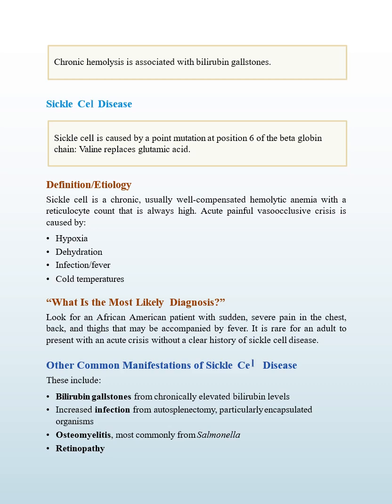Sickle cell is caused by a point mutation at position 6 in the beta globin chain, in which valine is replaced with glutamic acid. By definition and etiology, sickle cell is a chronic, usually well compensated hemolytic anemia with a reticulocyte count which is always high.